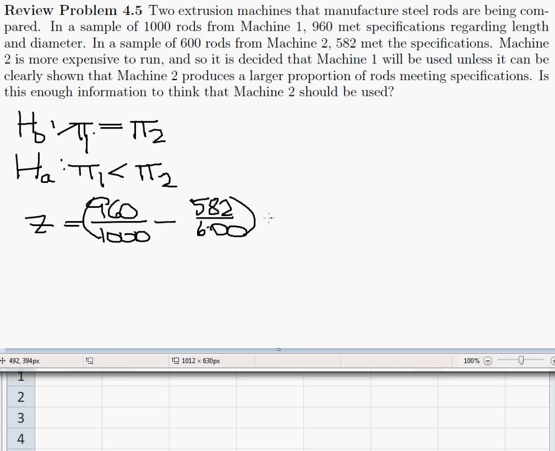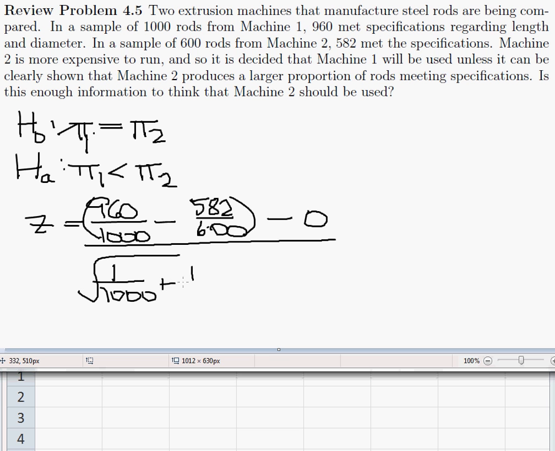That's the observed difference minus the expected difference, divided by the standard error for the difference. The standard error for the difference has the formula square root of 1 over 1,000 plus 1 over 600, times the square root of pi times 1 minus pi.